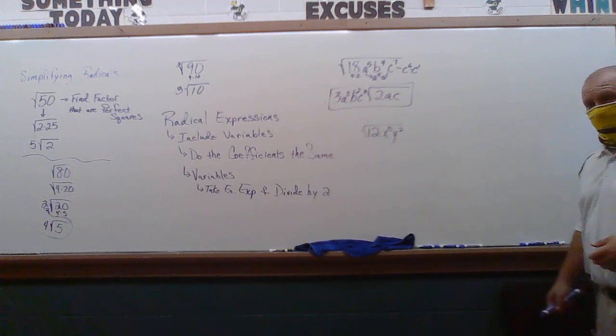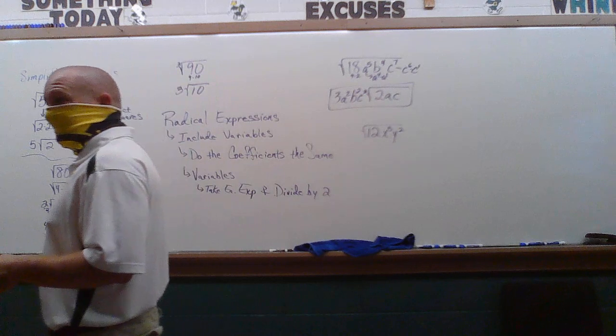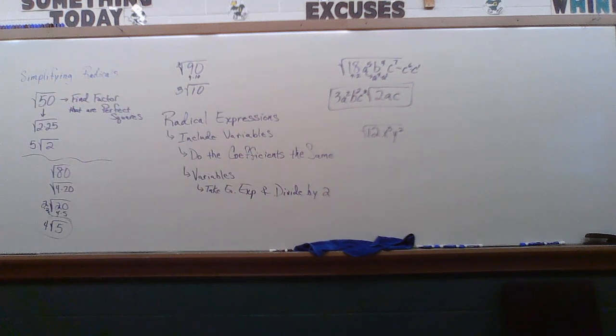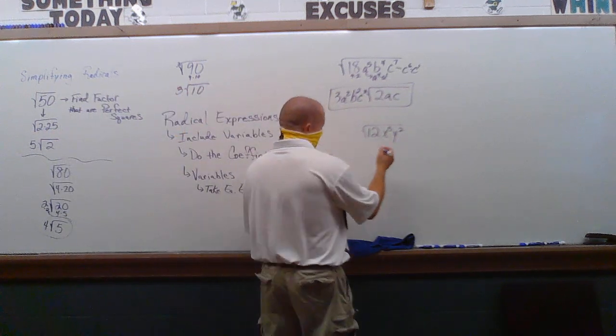So again, with the numbers, I'm looking for perfect squares. If I can take this perfect square, it's going to go to the outside. Move everything else to the inside.